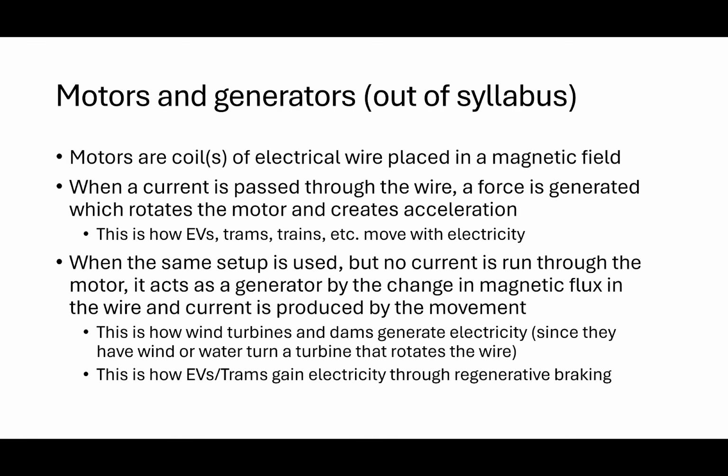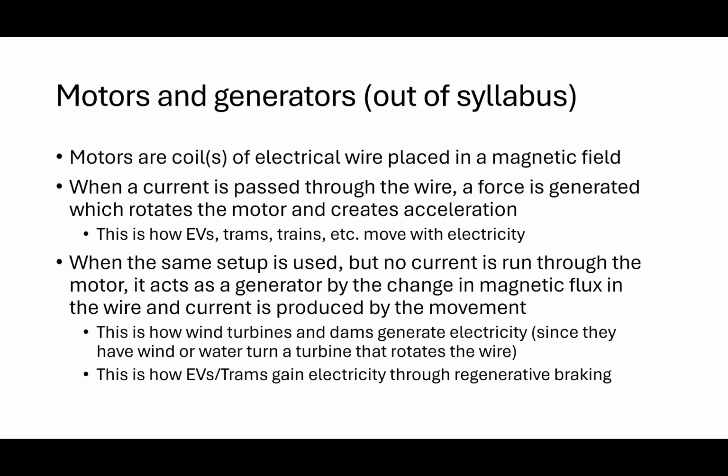When the same setup is used, but instead of a current being passed through the wire, the coil is actually turning because of mechanical energy from a wind turbine or a dam. It's turning in a magnetic field, and that is a change in flux for that wire.